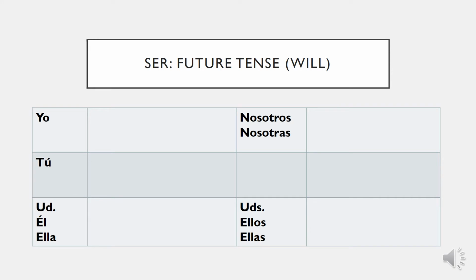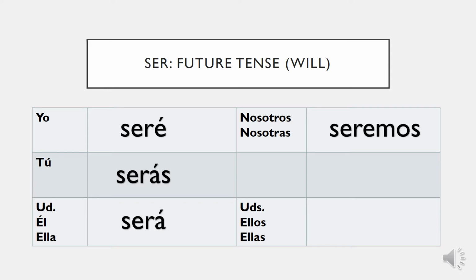Ser in the future tense is yo seré, tú serás, usted, él, ella será, nosotros seremos, ustedes, ellos, ellas serán. Notice there's an accent mark everywhere except nosotros, and we add our ending right to the infinitive form. And this translates to will be.